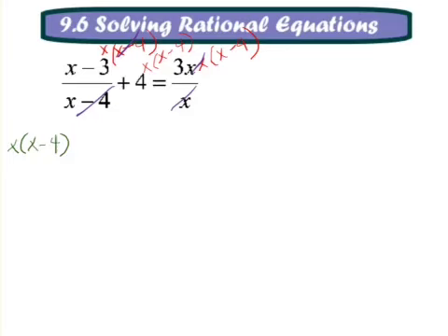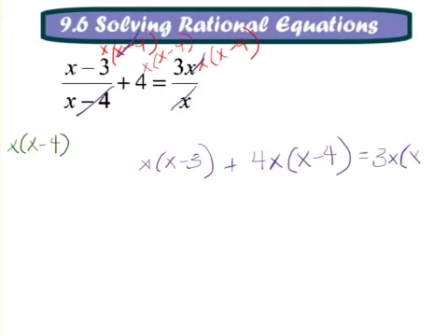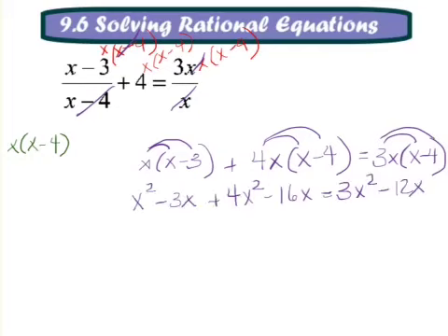And this will leave me with x times (x - 3) from the first fraction, plus 4x times (x - 4) equals 3x times (x - 4). Whew, quite a bit. So I'm still going to go through and distribute and simplify and combine all of my like terms together, and it'll look a little bit like this.